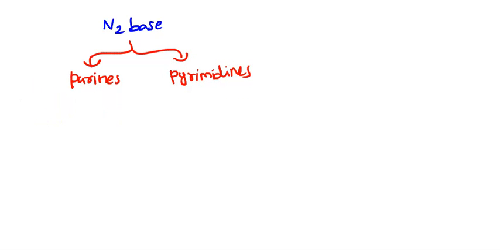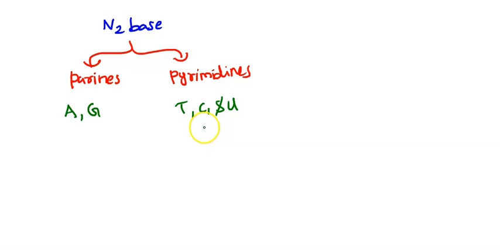Okay, purines include nitrogen bases like adenine and guanine, but pyrimidines include thymine, cytosine and uracil. Okay, these are the different types of nitrogen bases.